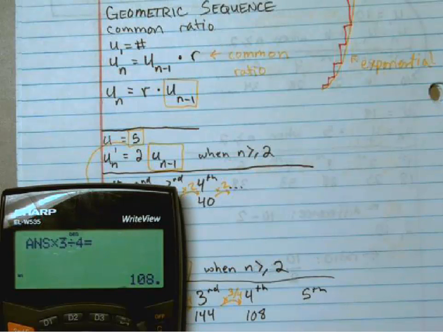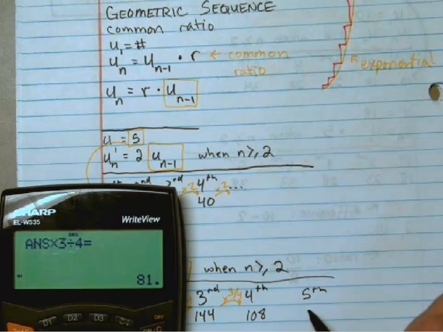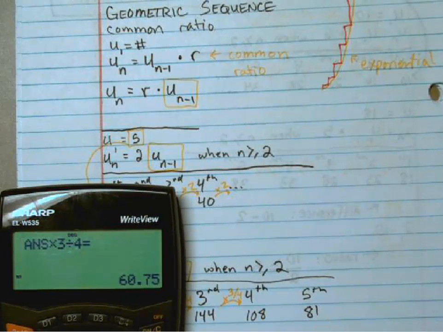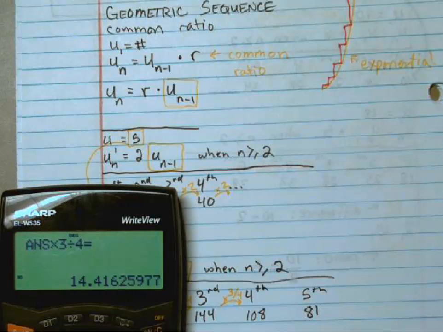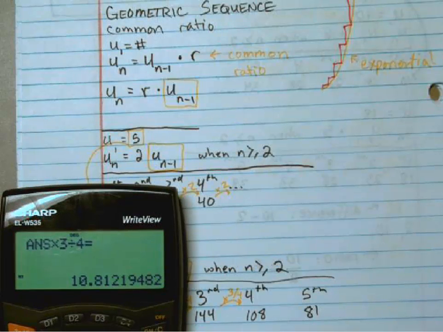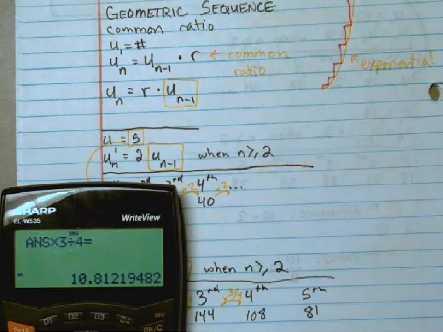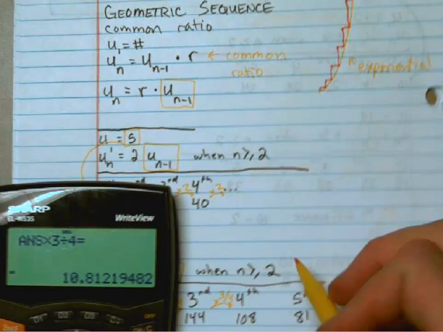But this time, 108 is the answer, so it'll tell me the next one is 81. And the next one is 60 and 75/100ths. And the next one, and so on, just hitting the enter key. You don't have to type it in every single time. That's a handy trick from me to you. You're welcome.